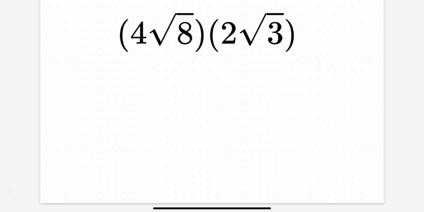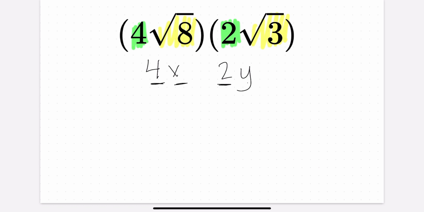Okay, same kind of problem. Now we've got a coefficient talking to a coefficient, and we've got a radical talking to a radical. This is the same thing as if I said 4x times 2y. I would still multiply my coefficients together, right?